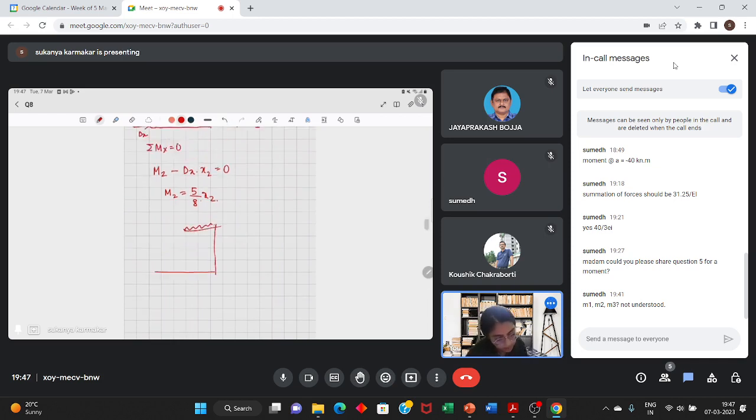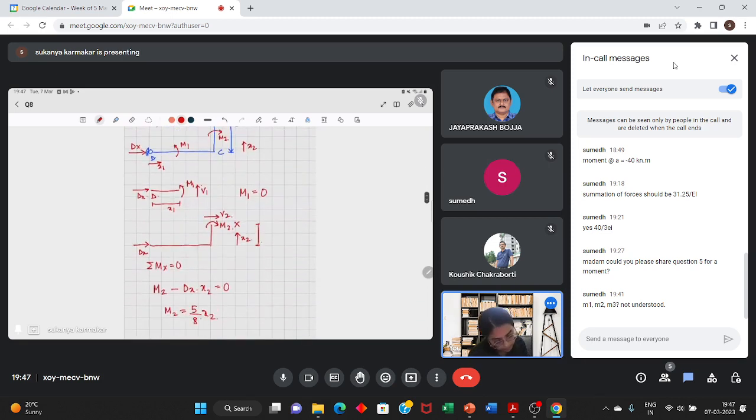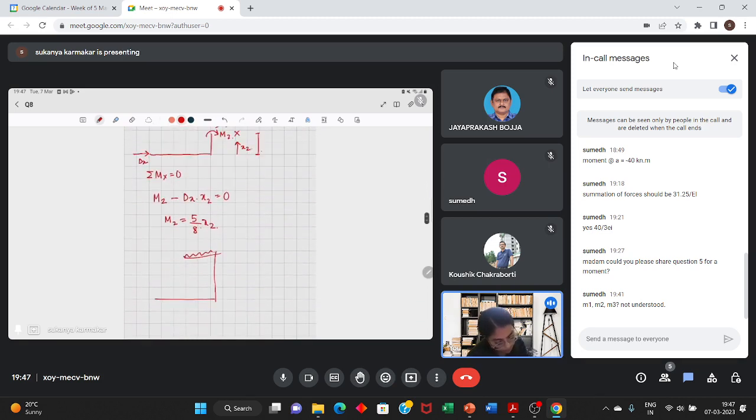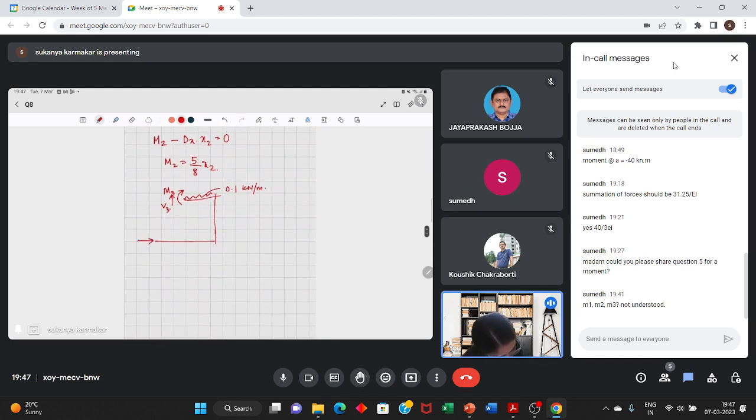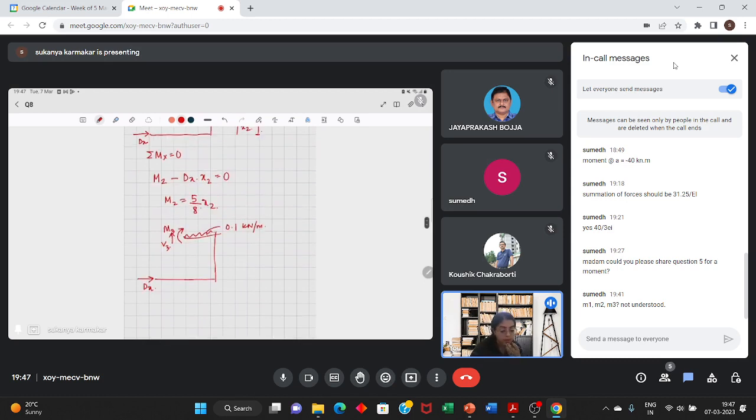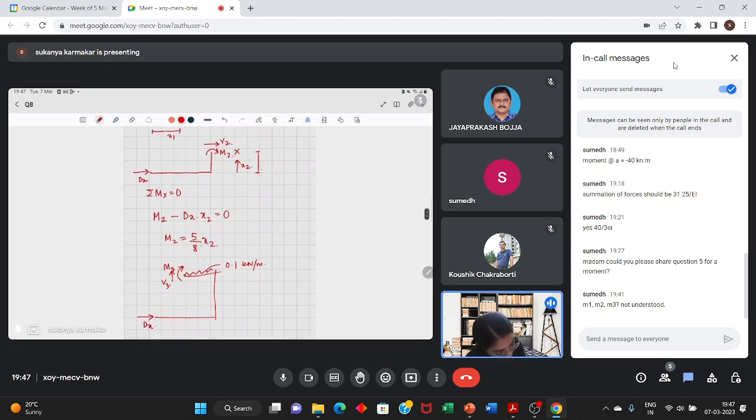This UDL is 0.1 kilonewton per meter. This moment is M3, shear V3, support reaction dx, and this length from this side is x3.